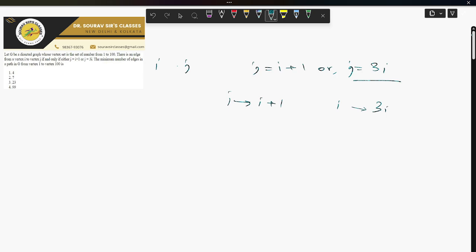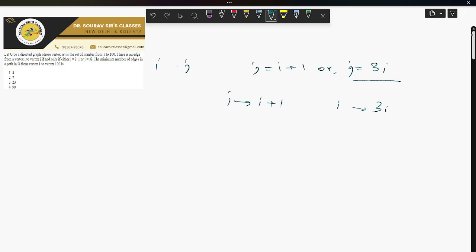So now we are going to work backward from 100. To minimize the number of edges, we work backward from 100, choosing the operation that reduces the number most efficiently. If the current number is divisible by 3, then divide by 3, the reverse of J equals 3I. Otherwise, subtract 1, the reverse of J equals I plus 1.